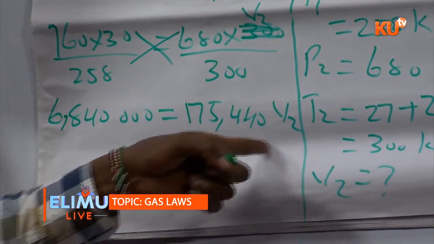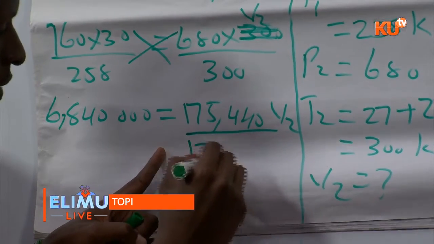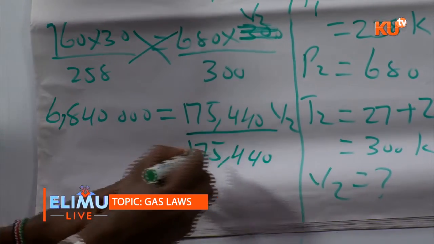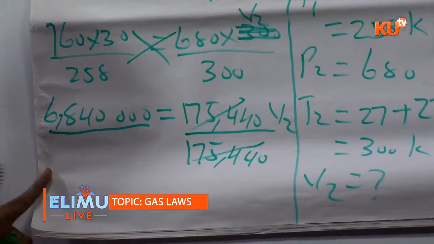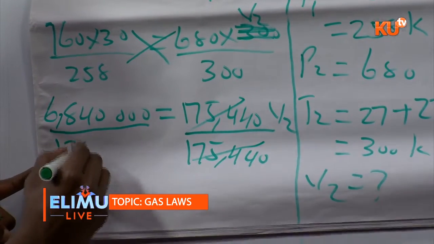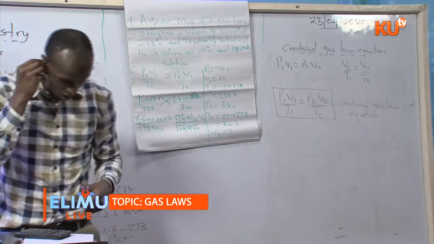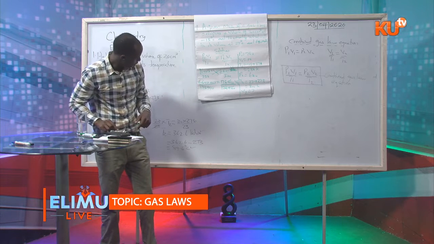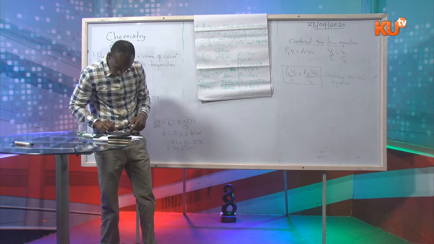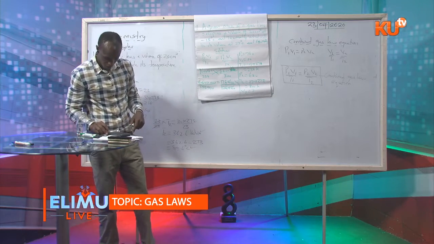Now, because we want to remain with V2, you divide both sides by 175,440, so that it cancels out. On the other side I do the same thing, divide by 175,440. So when you do that, we say 6,840,000 divided by 175,440.